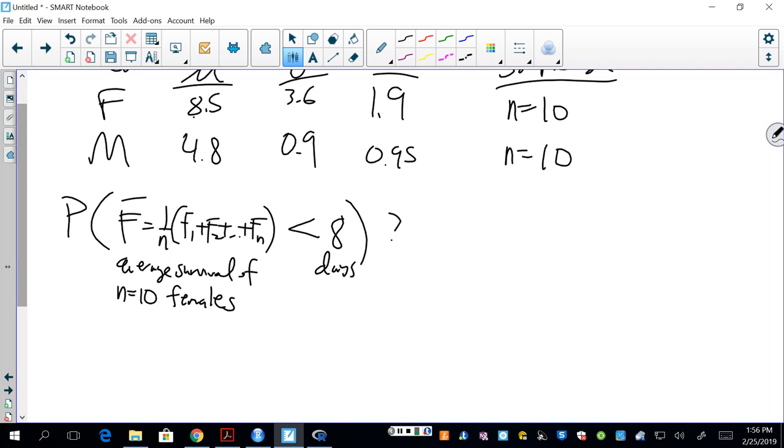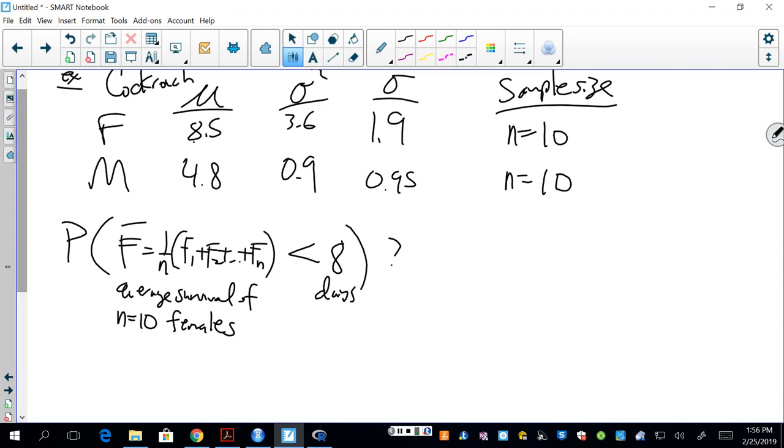So what this normal approximation says is figure out the standard error. Standard deviation for one is 1.9, or the standard error, sigma over the square root of n, is we take the 1.9 divided by the square root of n for females. For males, it'll be the 0.95 over the square root of 10.